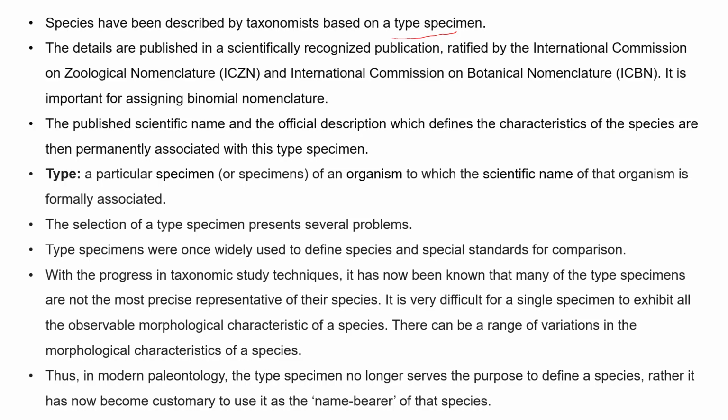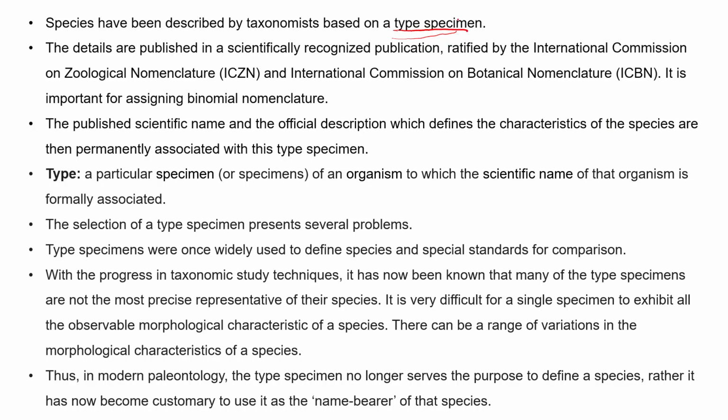To understand that, we always need to compare the discovered artifacts with the modern day forms. So, under such circumstances, it is very important to identify a specimen which best defines the characters of that particular species. That is what is called the type specimen. So, the species have been described by the taxonomists on the basis of a type specimen.